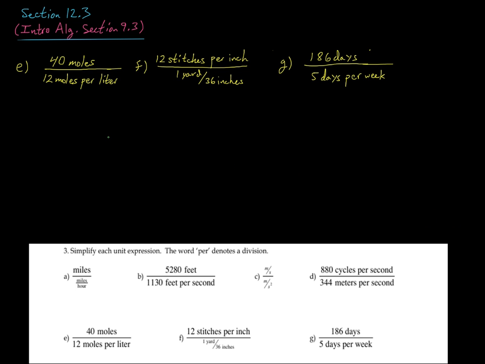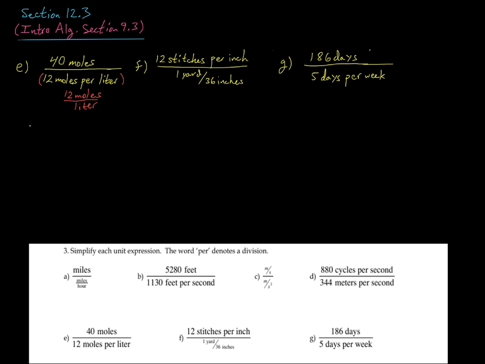For E, I have 40 moles per 12 moles per liter. We've seen this kind of thing a number of times. This is really 12 moles per, so division bar, liters.